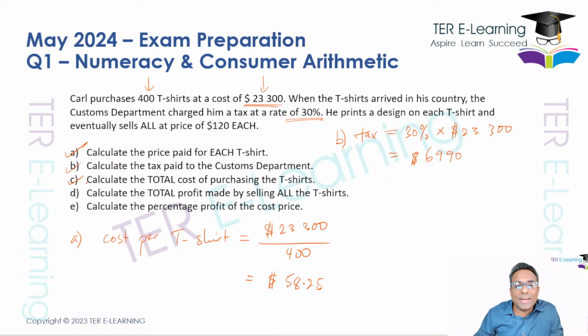Now, we want to calculate the total cost of purchasing the t-shirts. Remember, he paid 23,300 for the t-shirts, but now he brought it into the country and he has to pay this tax on it. So the actual amount that he paid in total for getting these t-shirts is going to be the 23,300, plus the tax, which is 6,990.